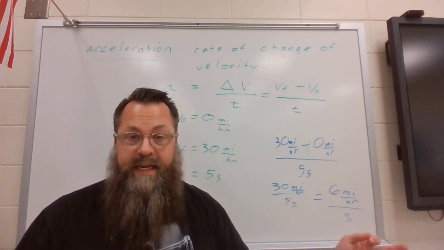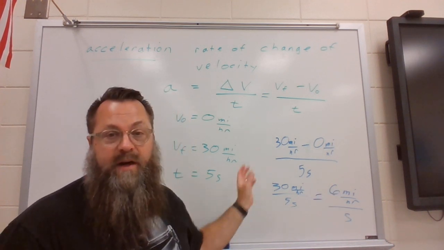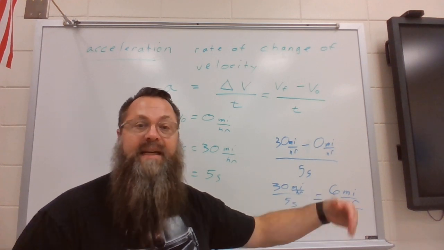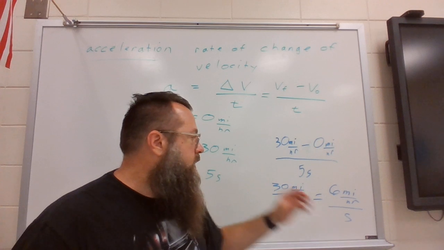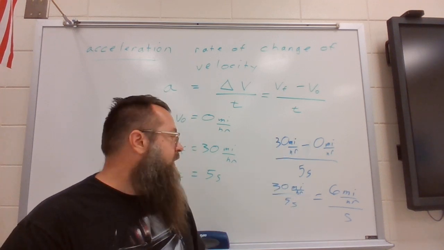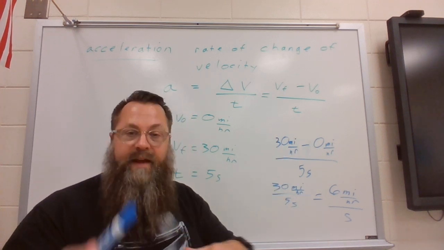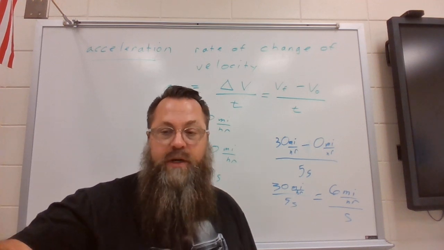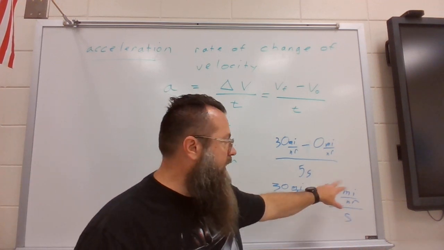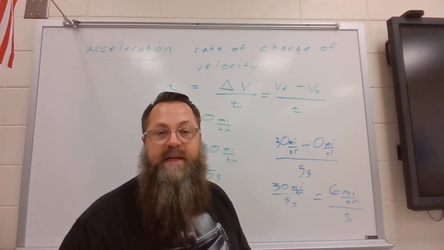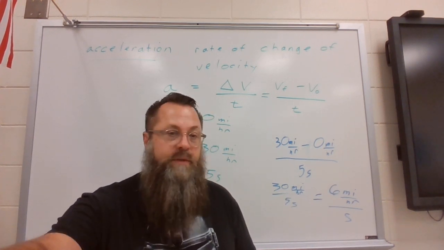On the 3rd second, the car is now going 18 miles an hour after 3 seconds of this acceleration, okay? So it's changing by 6 miles an hour every second. So it gets faster by 6 miles an hour every second. So we would say the acceleration of this car, it adds 6 miles an hour every second that it travels.